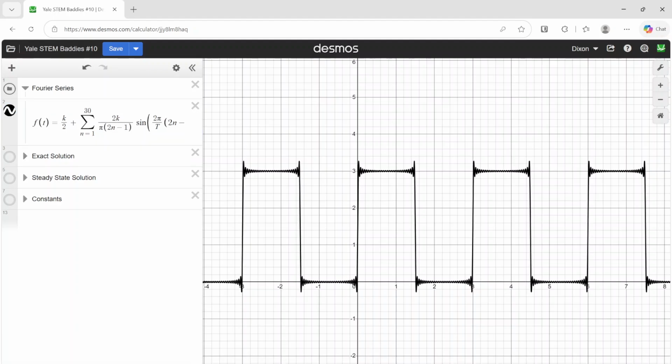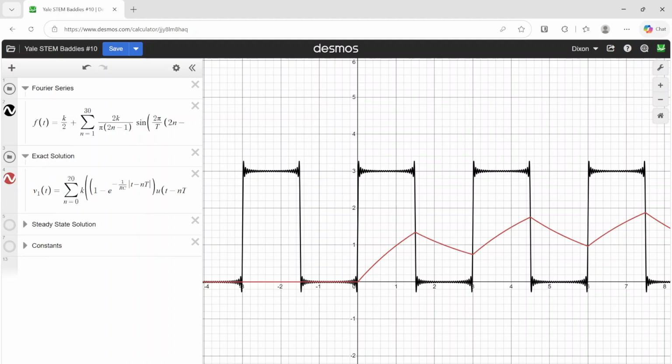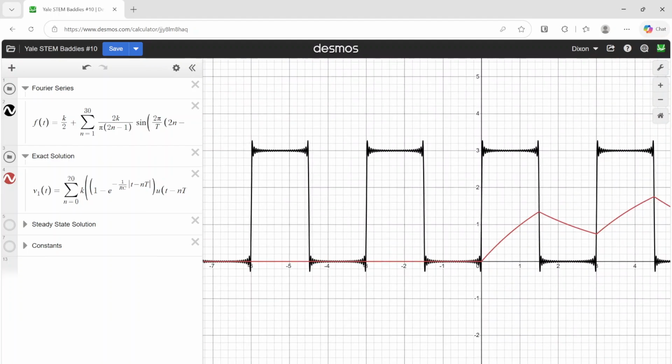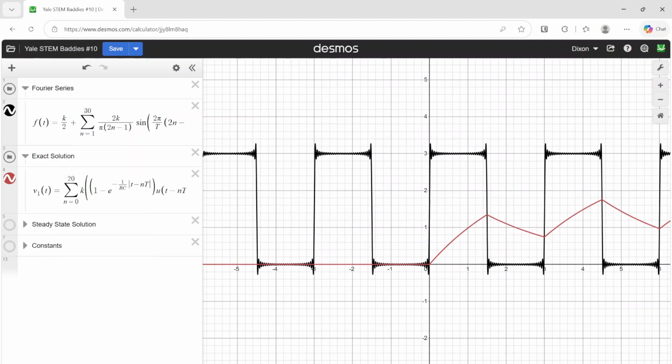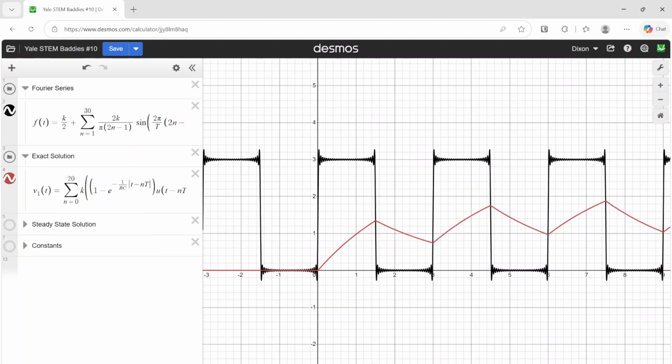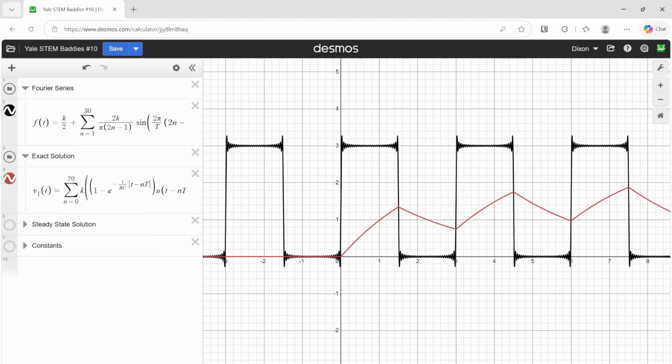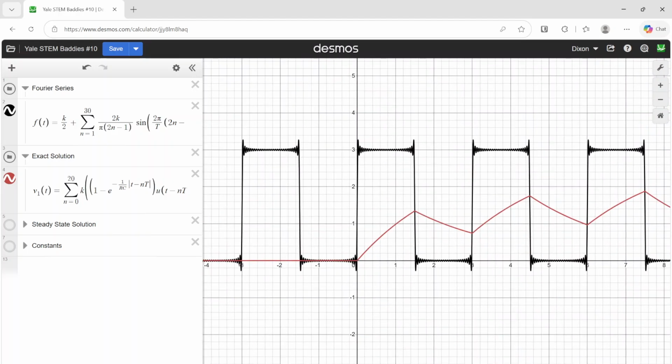Then let's take a look at the exact solution. Let's turn this on. The exact solution was something that we found in a previous video. You can see that this is truly the voltage at the node of interest, because it is off for t less than 0, which is what we wanted. Then it turns on and gradually grows, so it has this transient behavior at the beginning.